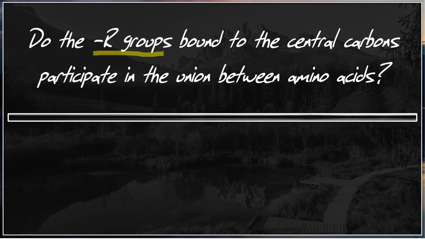Do the R groups bound on the central carbons participate in the union between the amino acids?